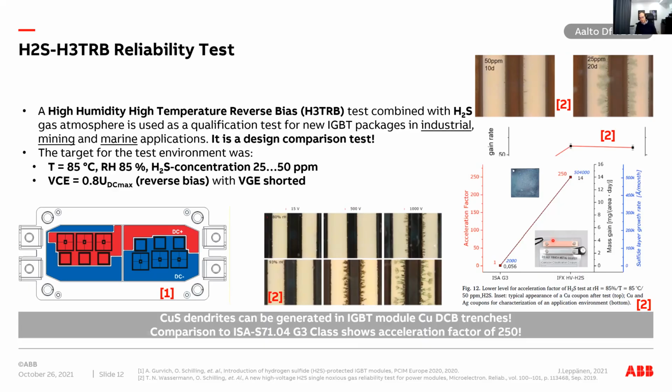So that's something that's been studied a lot recently, and there are discussions on whether we should have this kind of a two-phase test, with a dry phase and then a wet phase. So in the dry phase, the gases could penetrate, and then we introduce the humidity, and the gases would already be inside the package, and then only the moisture would have to penetrate.